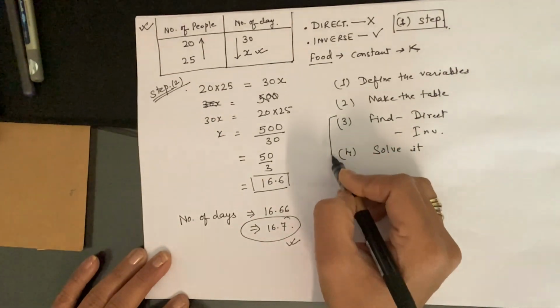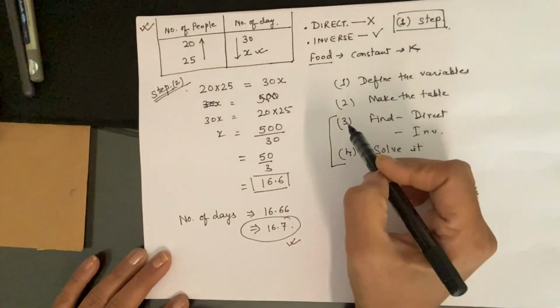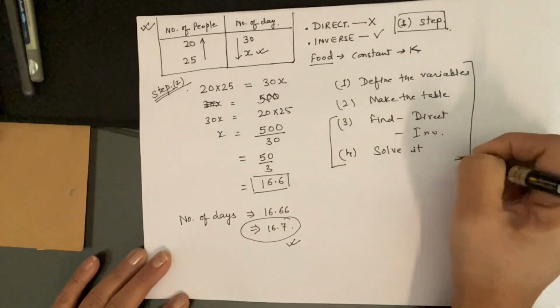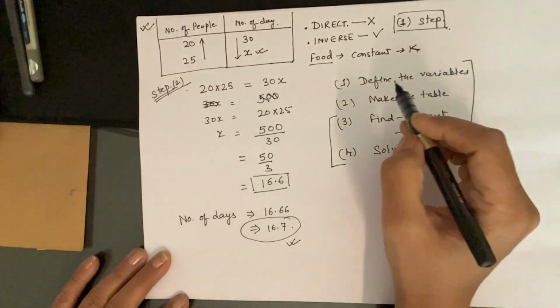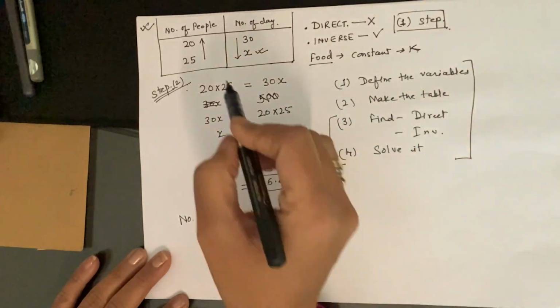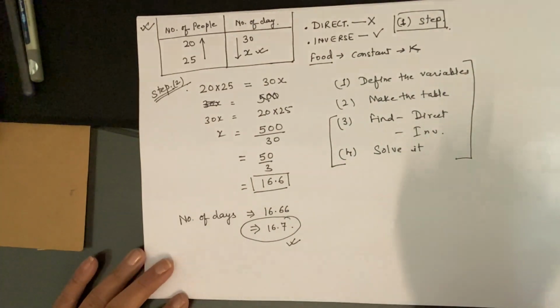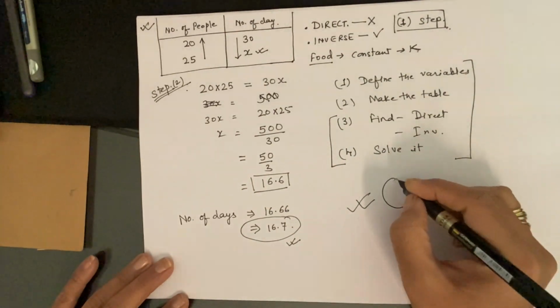So these two will be the steps for the calculation, step number 1 and step number 2 for the entire calculation. After reading the question, you will first define the variable, then make this table, and then do the calculation. I hope you understood this.